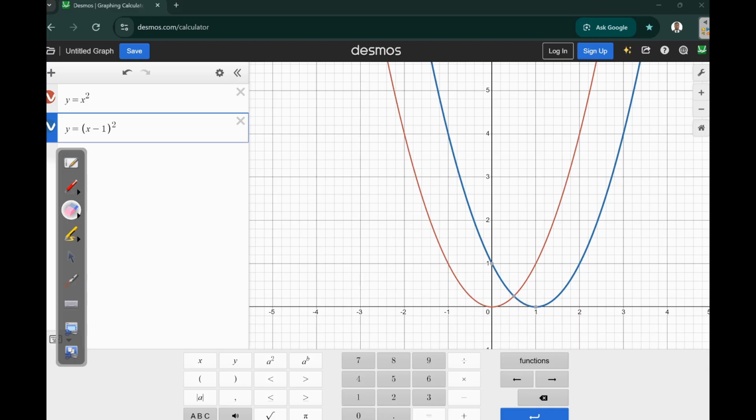So if this one has shifted by 1 unit to the right, that is what we call translation by vector (1, 0). So meaning the number that comes out of here, when we go to write the translation, it changes the sign. So if it was a negative here, then it comes here as a positive. You see that?